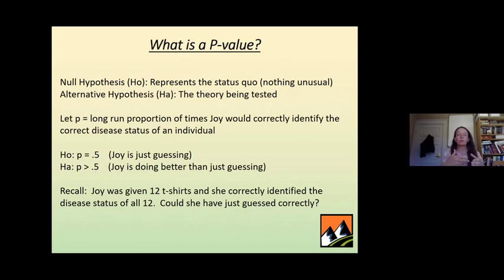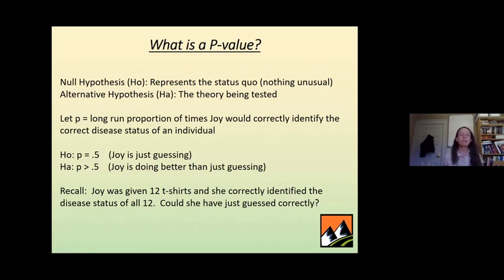That's going to be our long-run proportion of times that she's correct. So if she's just guessing every time she gets a T-shirt, then that proportion should just be 50%. That would be the null hypothesis. She's at 50%, that's the status quo. The alternative hypothesis would be p is greater than 0.5. She's doing better than just guessing, okay?